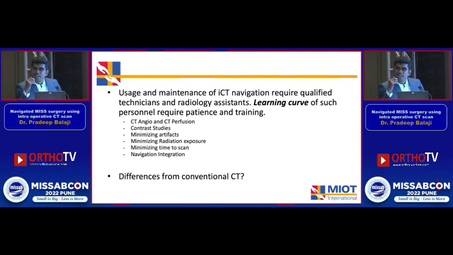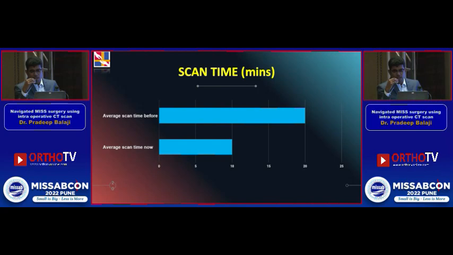So they have quite a long learning curve, and we have to be patient to get proper angio, perfusion and contrast studies done inside the theater. Initially we used to take a lot of time. We have been using it for the past 8 months. Now we are able to do a single CT scan within 10 minutes.